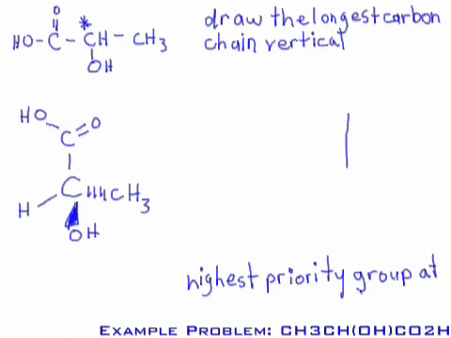So the highest priority group at the top. If you do this, the highest priority group between the methyl and the carboxylic acid is the carboxylic acid. So the CO2H will be put at the top and the methyl's at the bottom.